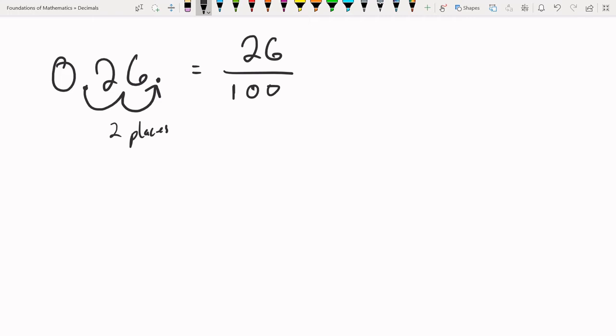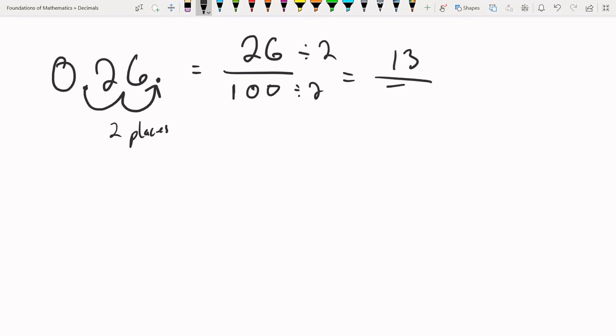We always need to reduce. This isn't too hard because 100 or 1,000 or 10,000 or any power of 10 can only be divided by 10, 2, 5, and powers of 10 itself. So those are really all you have to worry about dividing by. In this case, we can divide top and bottom by 2.